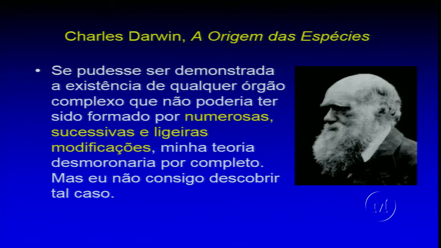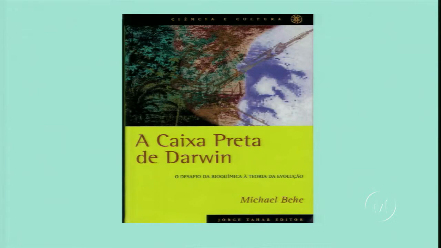And that is the difficulty that I focused on in my first book, Darwin's Black Box. It turns out that many biological systems certainly look like they cannot be formed in the gradual manner that Darwin insisted upon. And some were recognized immediately when he wrote his book, such as the eye and other systems.